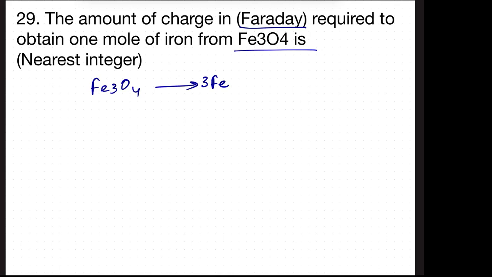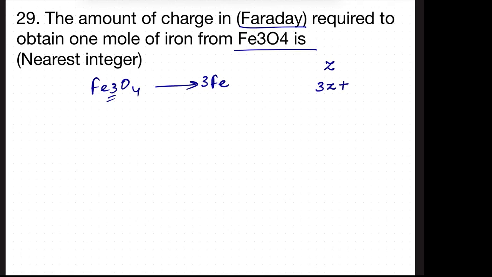Let the oxidation state of each atom of iron in Fe3O4 be Z. Now how many atoms of iron are there in one molecule of Fe3O4? There are 3 atoms of iron. So the total oxidation state of 3 atoms of iron will be 3 into Z, that is 3Z, plus each atom of oxygen has an oxidation state of -2.